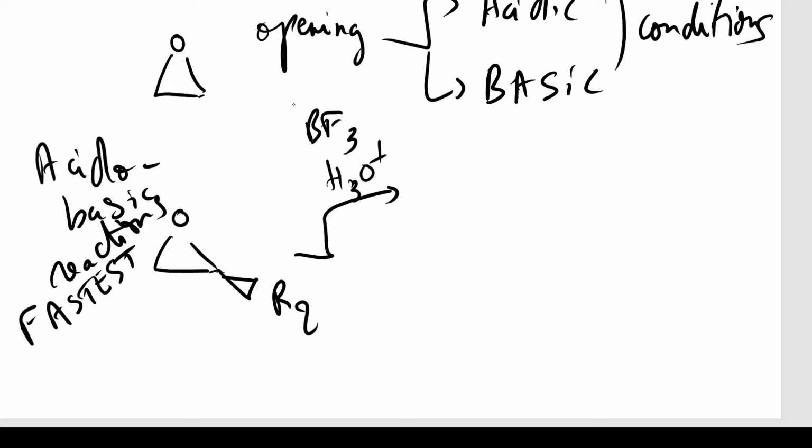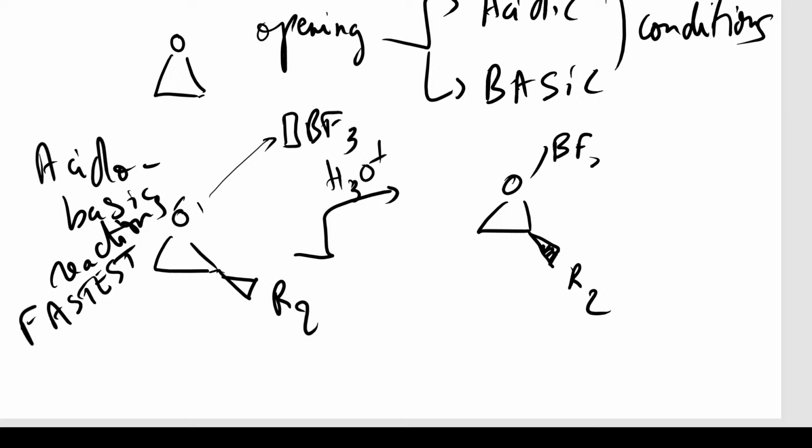With a Lewis acid, the oxygen will first coordinate to this empty orbital, forming this intermediate. Okay, so the opening could occur at this position or like this.